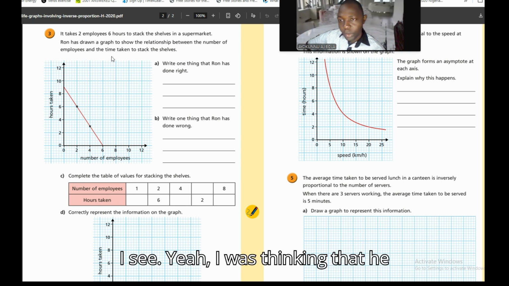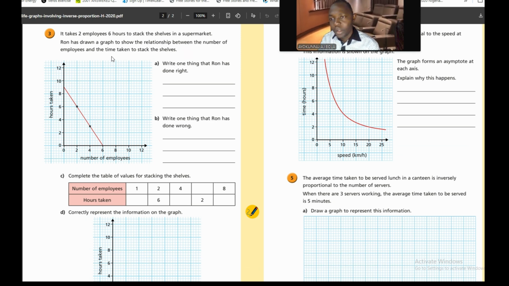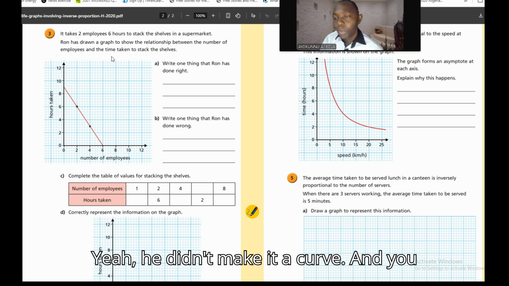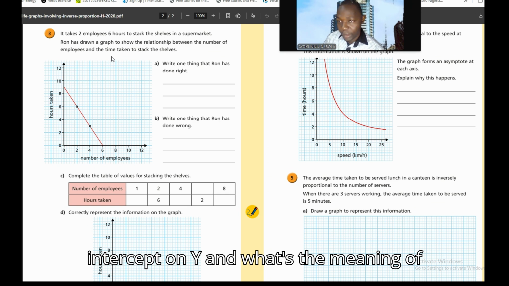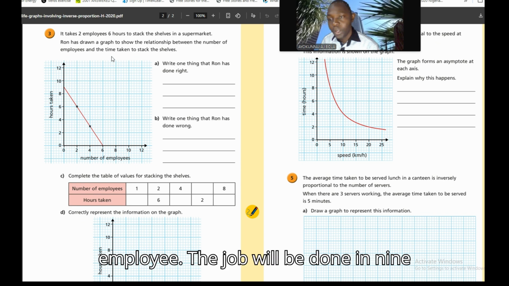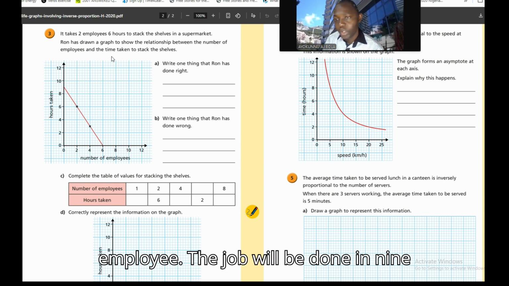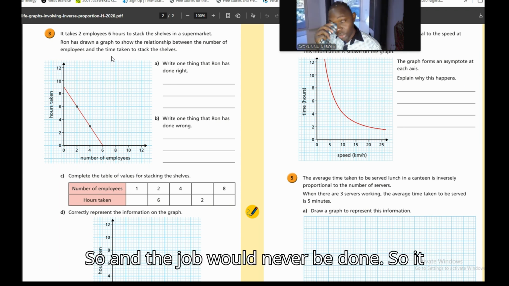You understand? I was thinking that he did make it a curve, but I wasn't sure. Yeah, he didn't make it a curve. And you can see that the line has an intercept on y. And what's the meaning of that intercept? He is saying that at zero employees, the job will be done in nine hours, because it intercepts at nine, right? And the job would never be done.